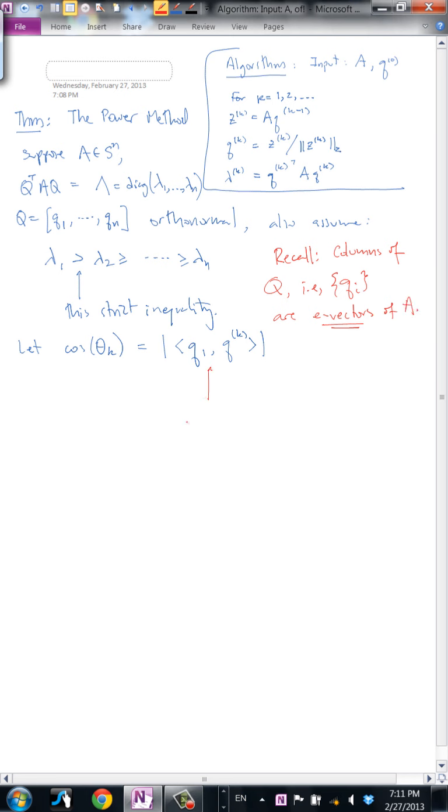This is the inner product between them, and therefore theta k is the angle between q1, which is the true top eigenvector, with Q of k, which is our estimate of the top eigenvector after k iterations of the power method.